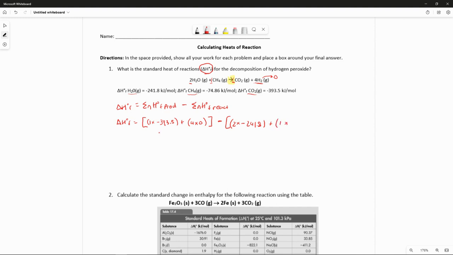1 times the value of CH4, which is negative 74.86. So when we solve this, here we have 0 plus 0 essentially. So we have 393.5 minus the value of 2 times negative 241.8, minus 74.86.